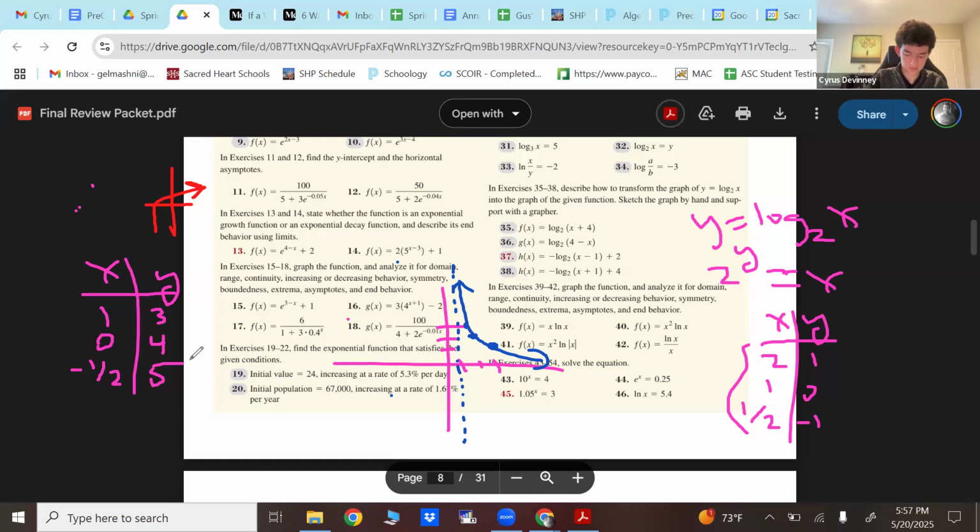One second. Okay, asymptote for 38 is -1, right? Right, correct.